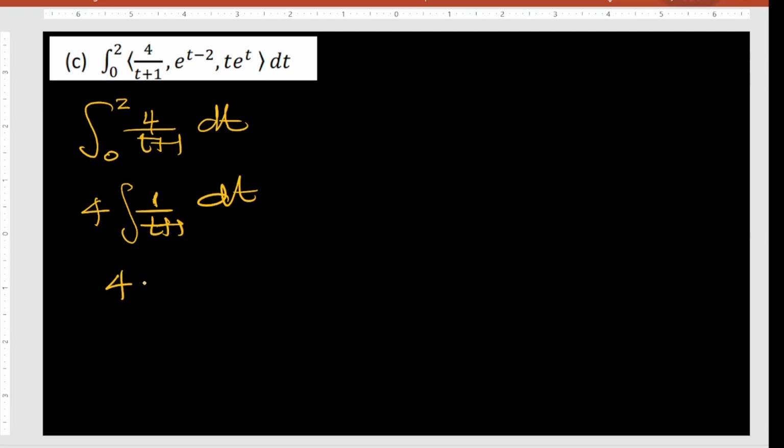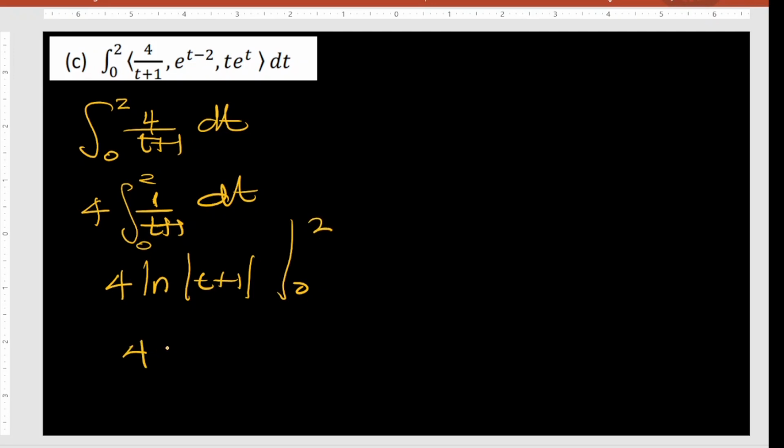And this will just be 4 ln t plus 1, from a lower limit of 0 to an upper limit of 2.